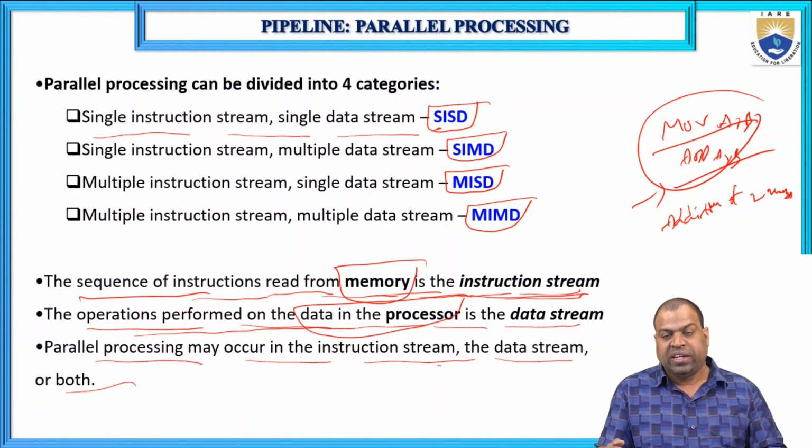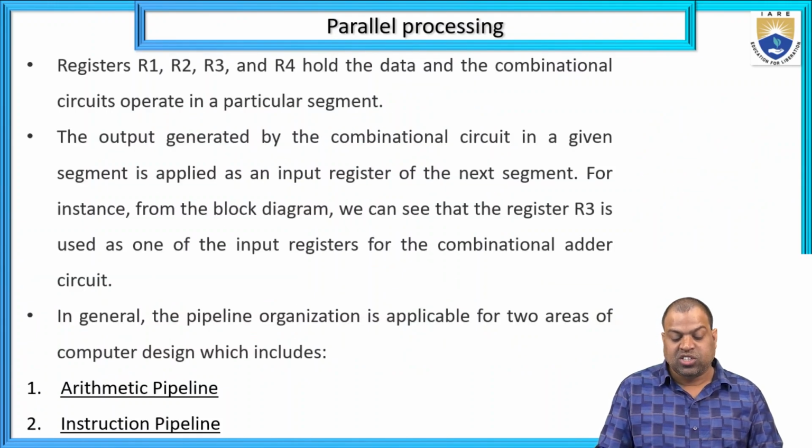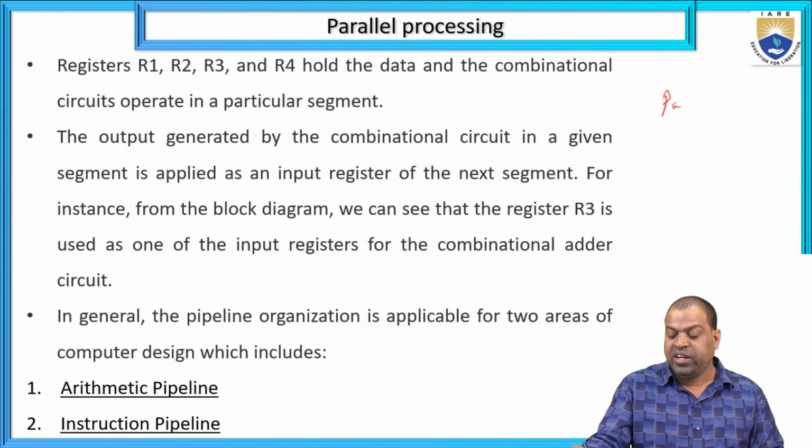So parallelly I need both of these. Then only we can execute. And the registers R1, R2, R3, R4 hold the data and the combinational circuits operate in a particular segment. In any parallel processing, I need multiple registers. Why? Because I am performing parallelly. So parallel means multiple registers, R1, R2, R3, R4, like this.